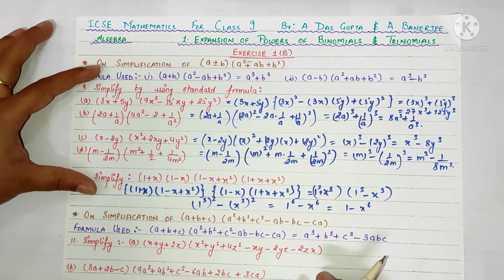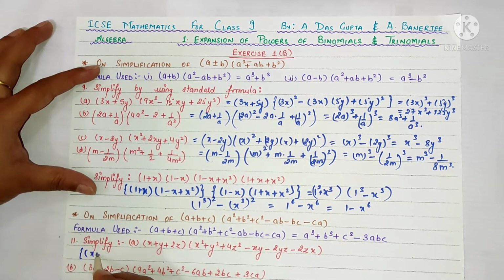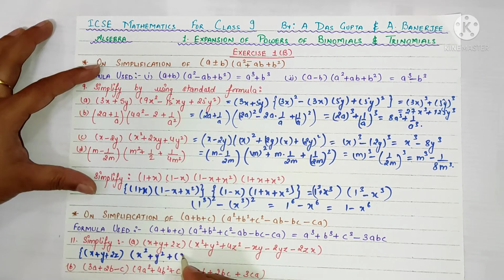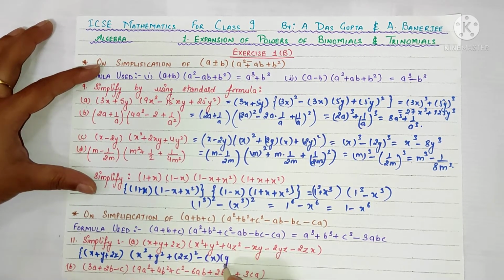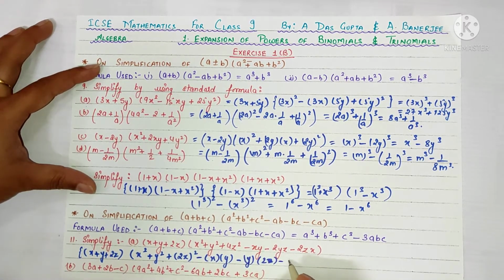So I'll be splitting each term into a, b, c. So we get this as (x plus y plus 2z) into (x square plus y square plus 2z square minus x into y minus y into 2z minus 2z into x).